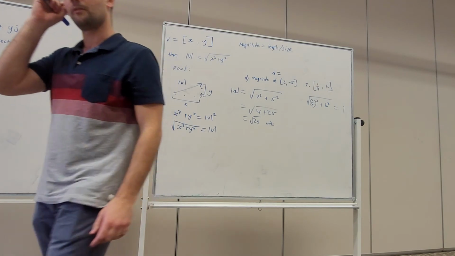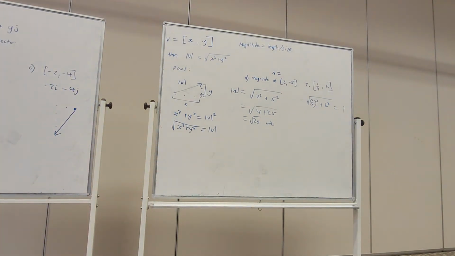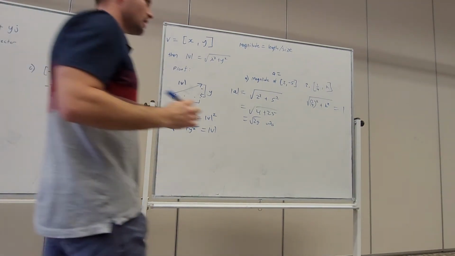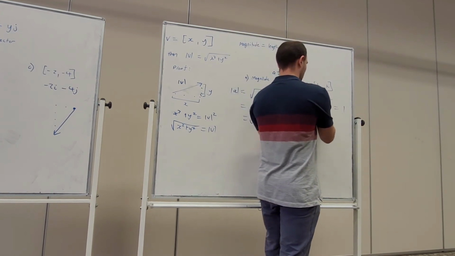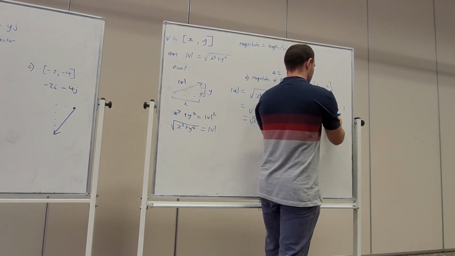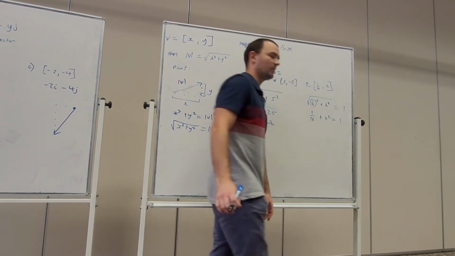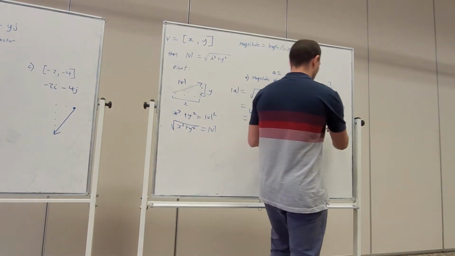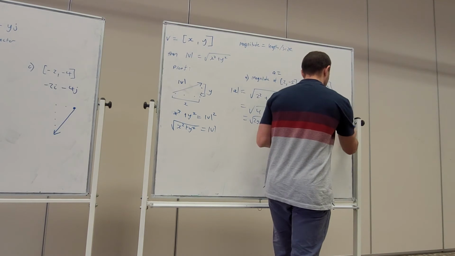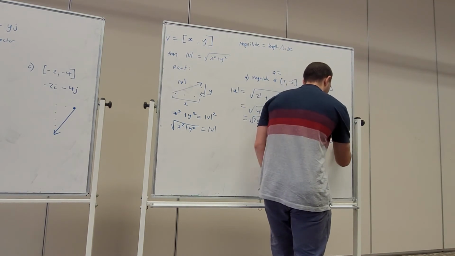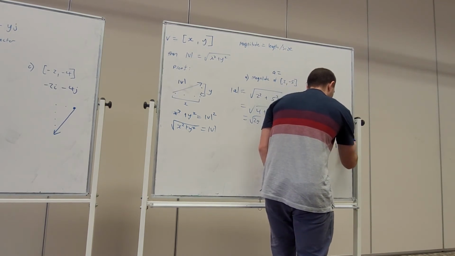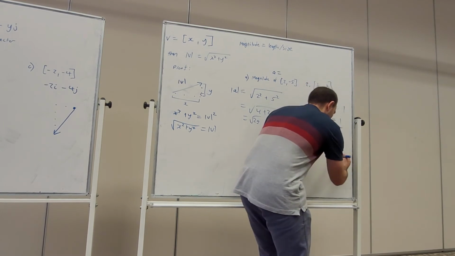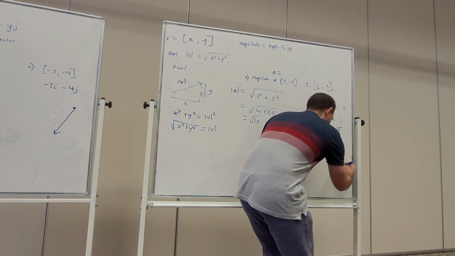The magnitude of it is 1. We're going to square both sides, so we've got 1 on 16 plus k squared is 1. Then we solve this for k. We rearrange it and get k squared is 15 on 16, and then k is the square root of 15 on 16, which is root 15 on 4.